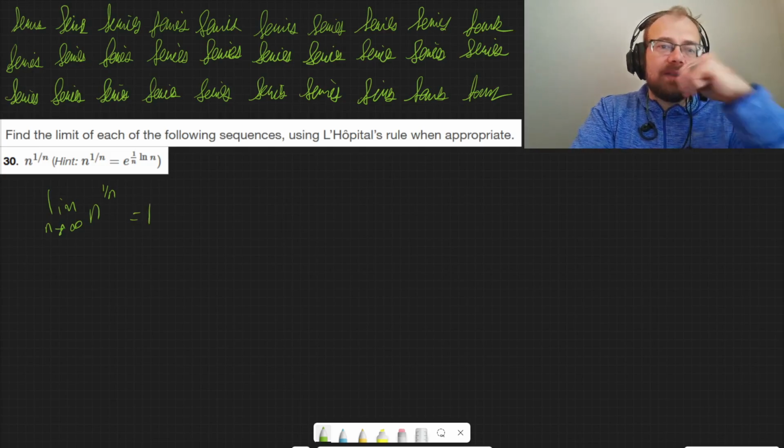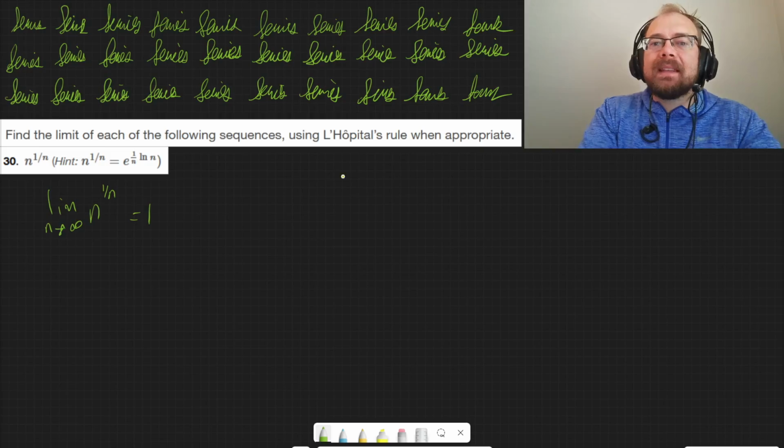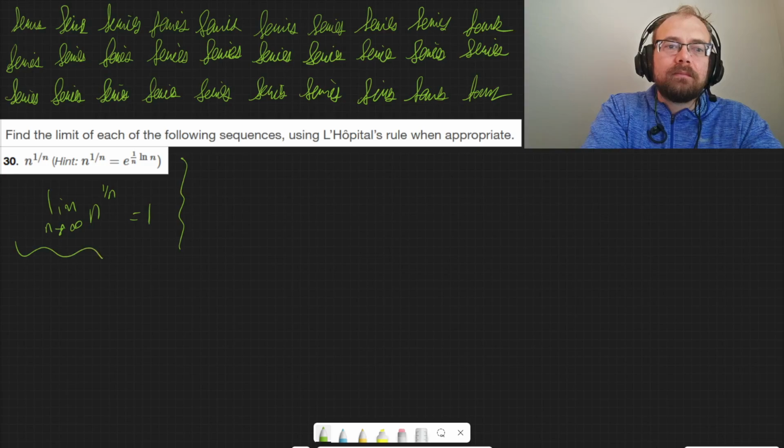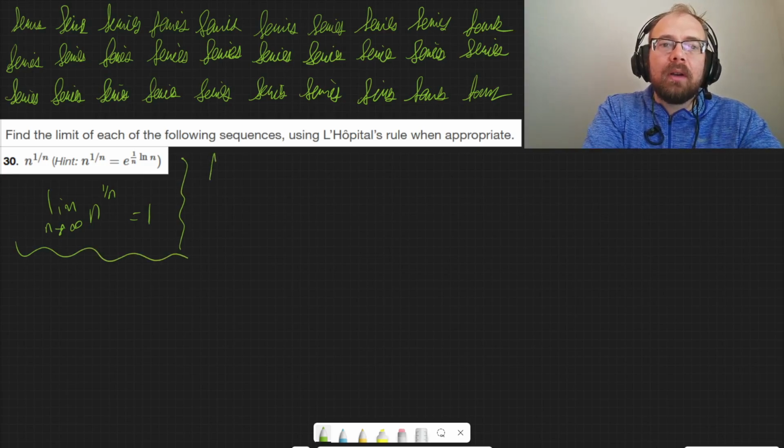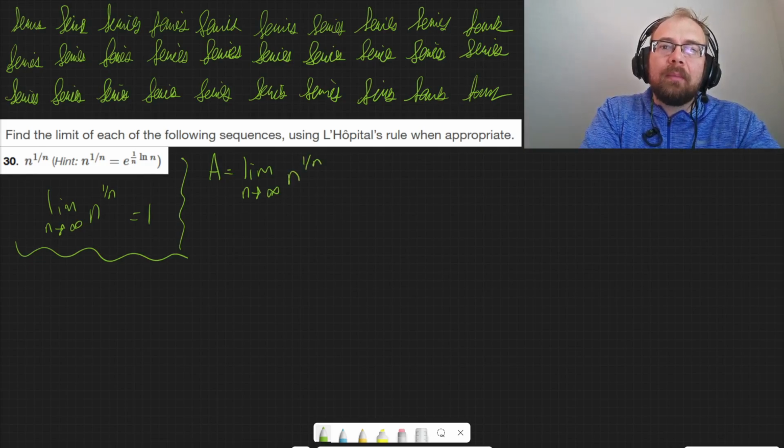But here's why. Let's say that it's equal to a. Let's say that it's equal to the answer. So the answer is whatever the limit as n goes to infinity of n to the 1 over n power is. Okay, well, let's take the ln of both sides. I can do the ln on the outside or on the inside, so I'm going to do it on the inside.